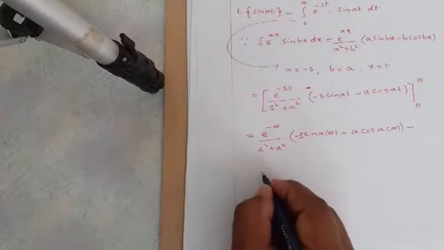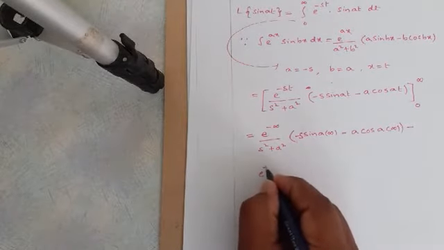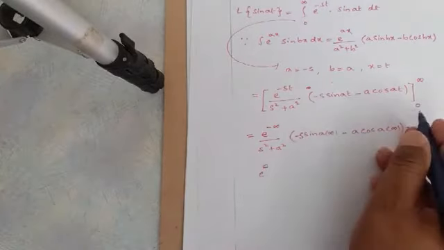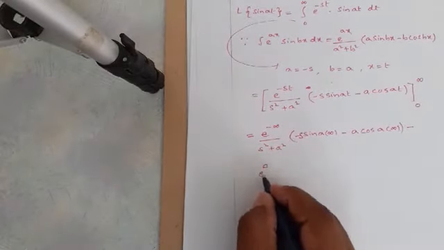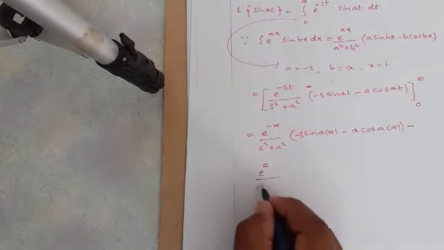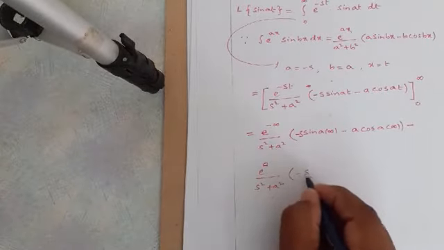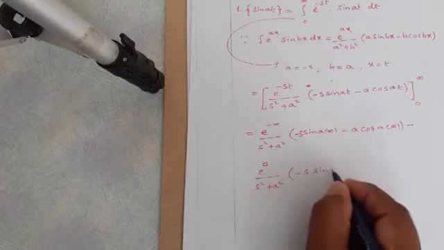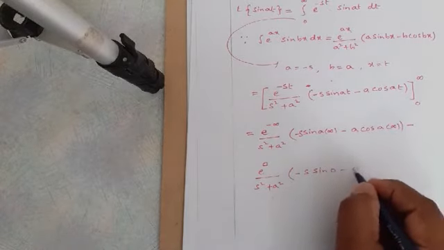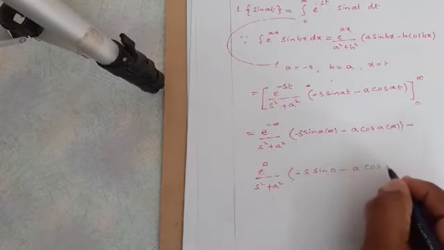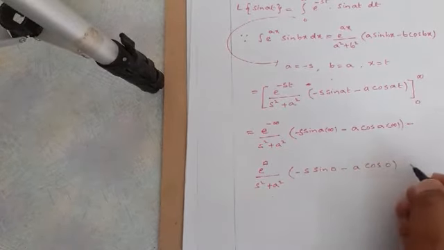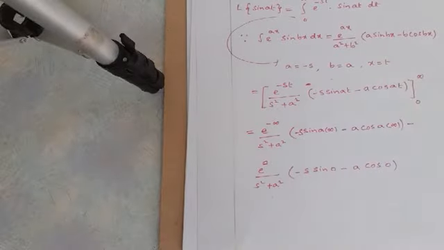When you apply 0 to t, you get e^0 upon s square plus a square, and then in bracket you get minus s sin 0 minus again a cos 0. Okay, so now we have applied upper limit minus lower limit.